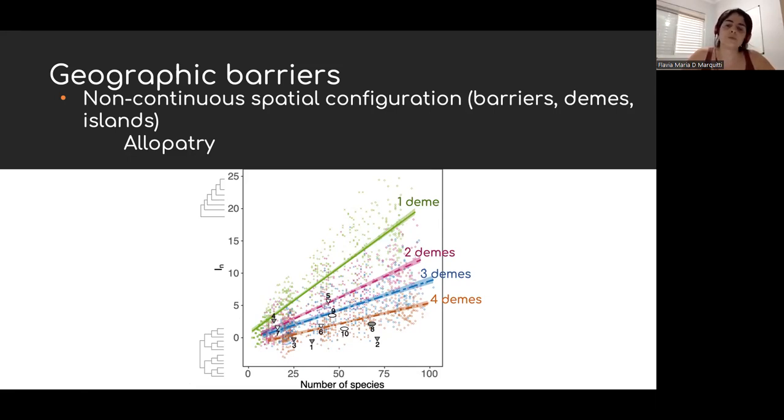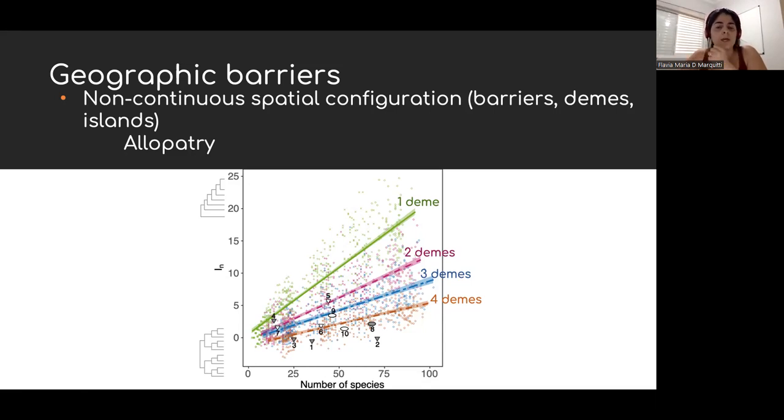But as we incorporate more structure in this space, as we incorporate more islands, we have smaller values of the unbalancing of these phylogenetic trees, decreasing the angle of the relationship between the number of species and the balancing of the phylogenetic trees. And this was surprising.